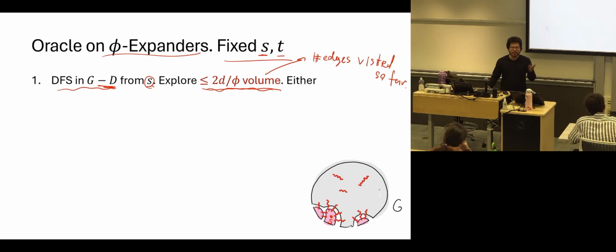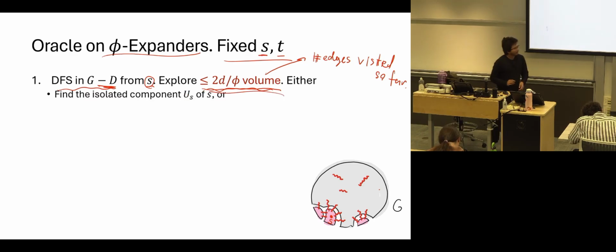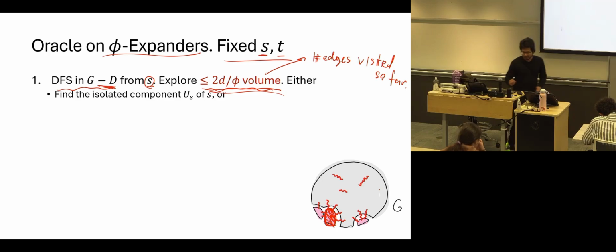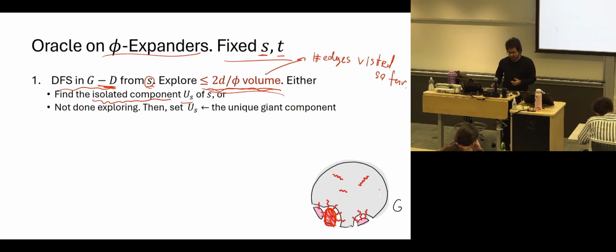Two things can happen. Either you got stuck before this threshold. If you got stuck, maybe you are here and you explore everything and cannot go further, then you identify the isolated component. Call that US. Otherwise, you're not done exploring, you can still continue.